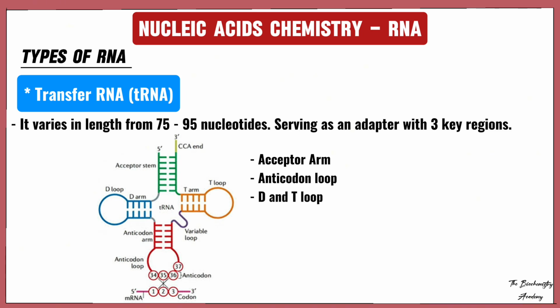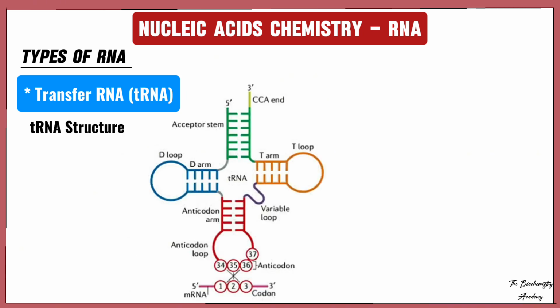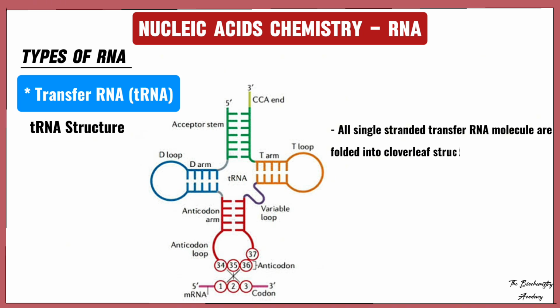Now, in the structure of tRNA, all single-stranded transfer RNA molecules are folded into a structure that appears like a clover leaf. If we check our diagram here, we can see that the tRNA folds in a structure that looks like a clover leaf.